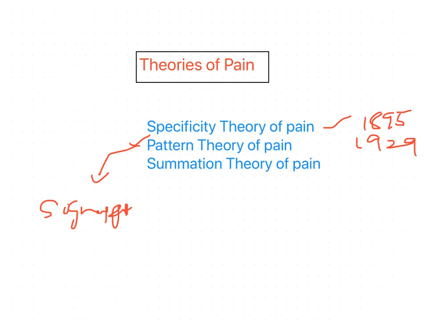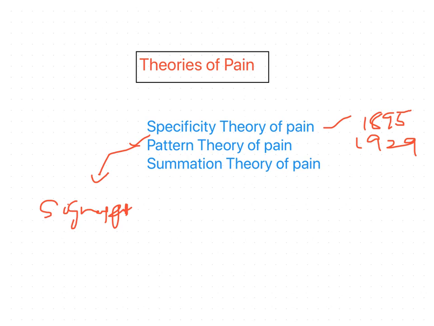So the brain interprets the pattern, which includes both the sensation and intensity of these stimuli. So this is about the pattern theory. Here the brain interprets the patterns, that means how much intensity of the sensation is carried to the brain.